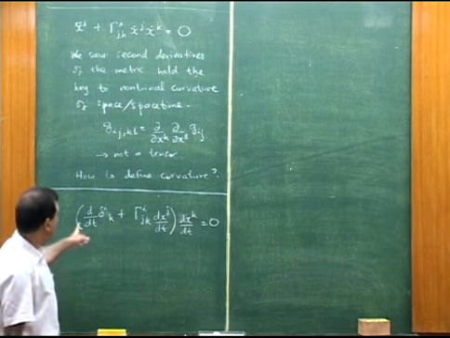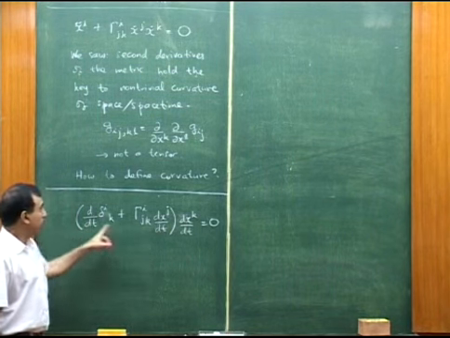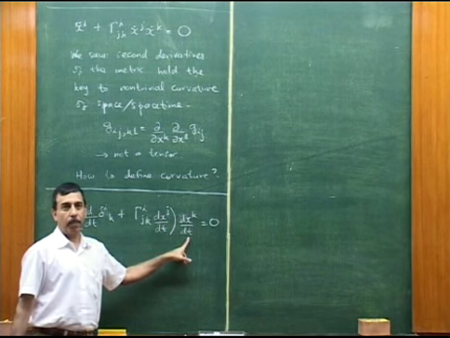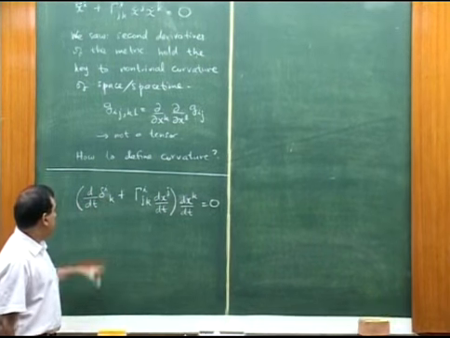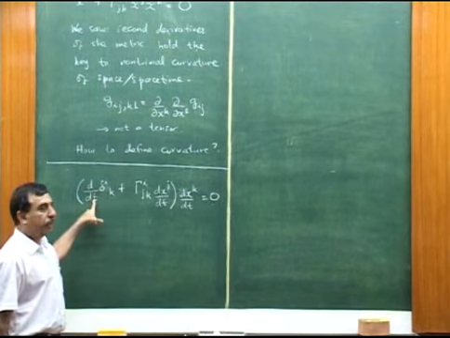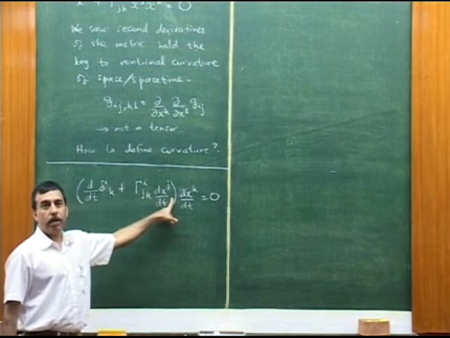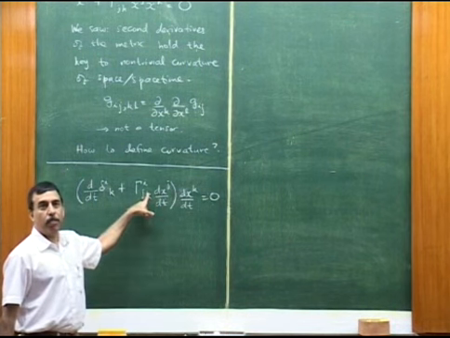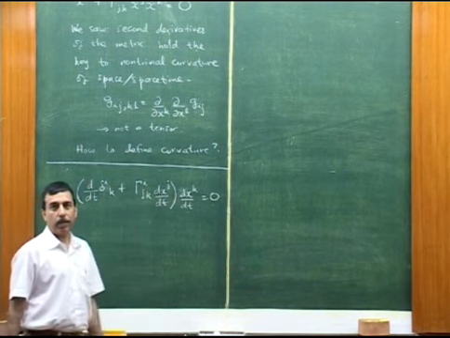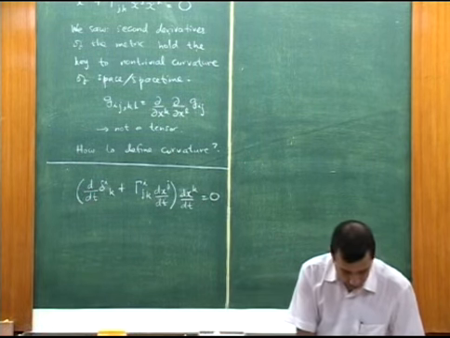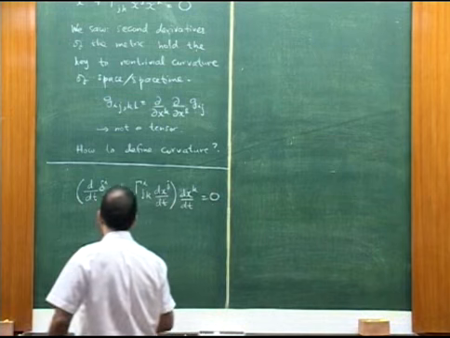This is the same equation. But I've written it as a differential operator acting on the velocity dx by dt. Okay. What is it? The first term is just ordinary d by dt, and then there's something else, and that something else depends on the metric of the manifold, because gamma depends on the metric. Okay. Good. So I've rewritten it in this way, and I'll give this thing a name.